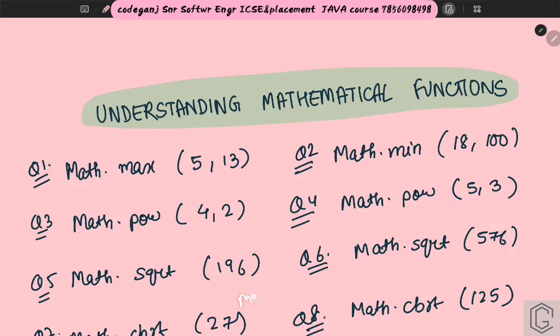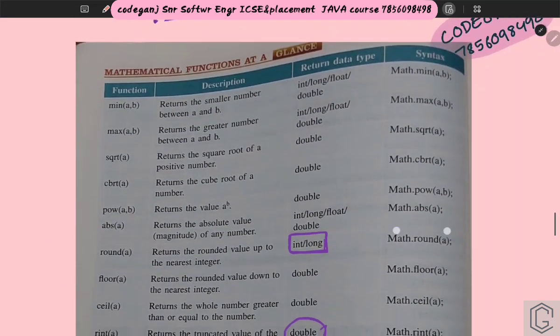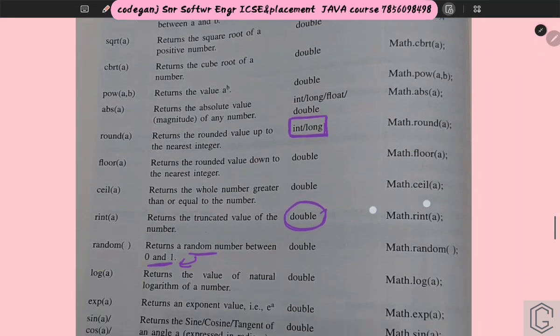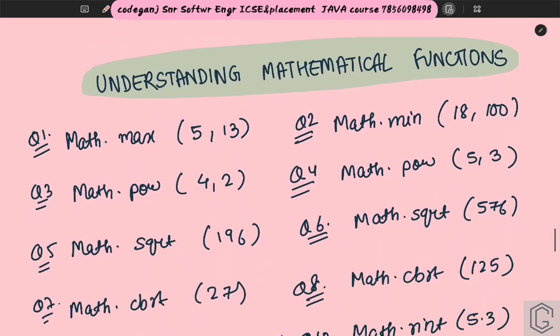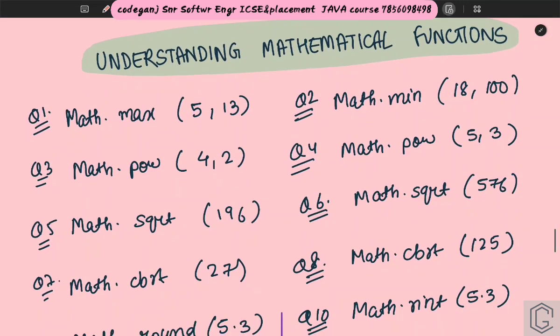And it makes sense to have it in double. Why? If you see here, all the functions return double. But why does it have to be double? You tell me. You know the square root of 196 you can write as 14, great, so the return type would be integer.